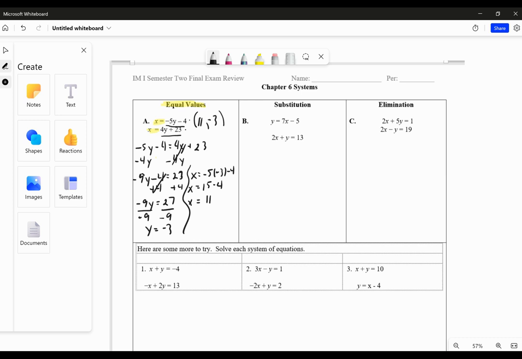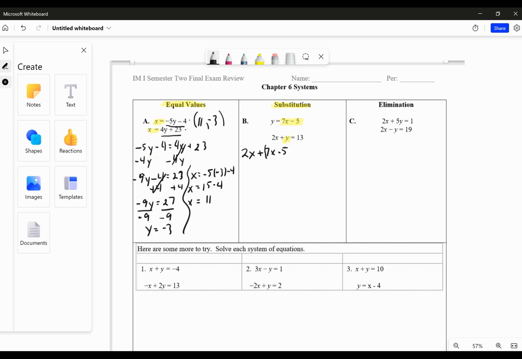The second method is substitution. This one was a little harder for people. With substitution, I'm going to substitute what y equals into the y of the second equation. So let's go ahead and rewrite the bottom second equation. 2x, that stays the same. But instead of y, I'm going to put in 7x minus 5.